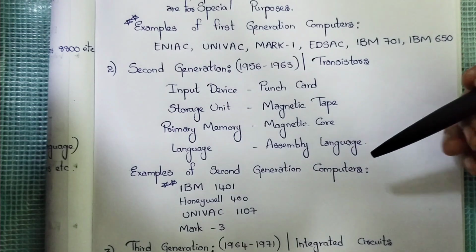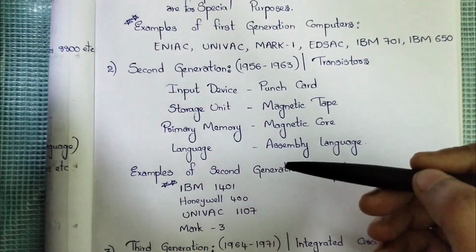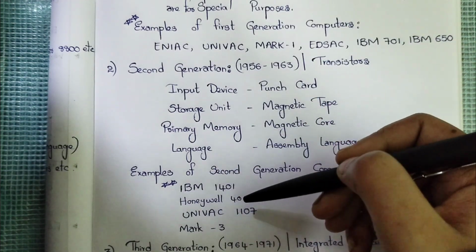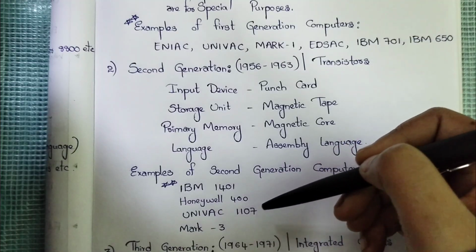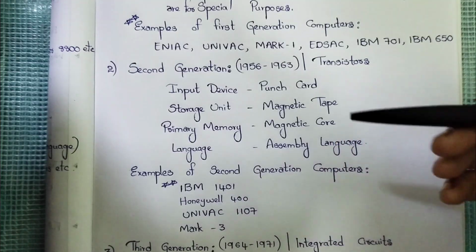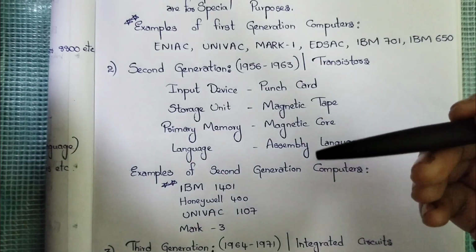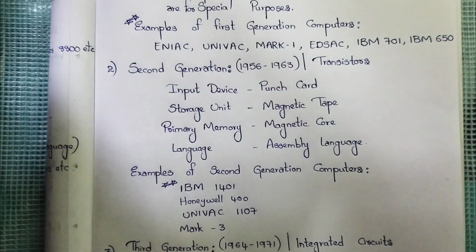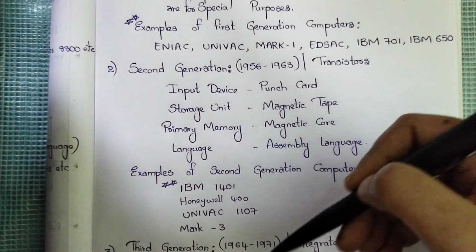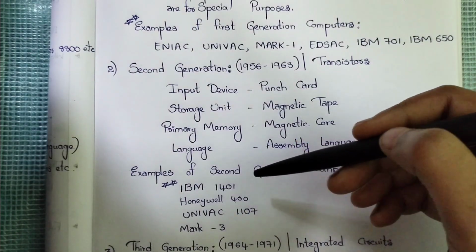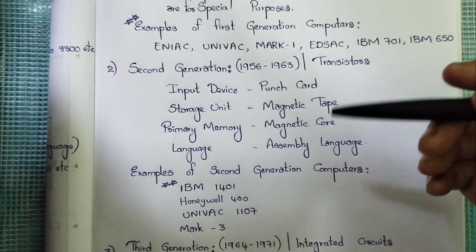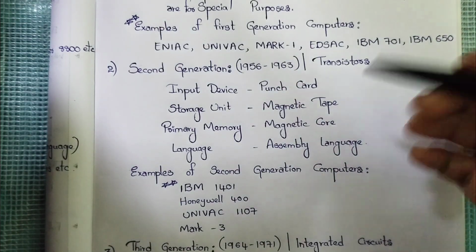Examples of second generation computers: IBM 1401, Honeywell 400, UNIVAC 1107, Mark III. All the examples of the generations are very important. In the exam they might give options like EDSAC, IBM 1401, and ask which of the following belongs to the first generation computer.